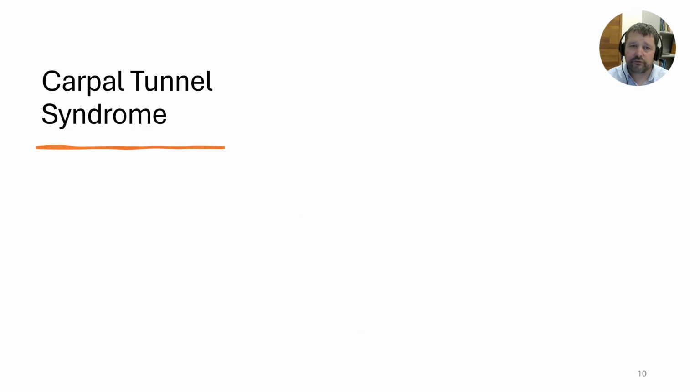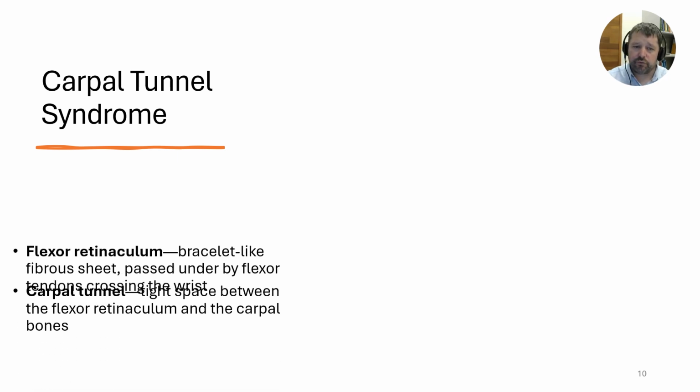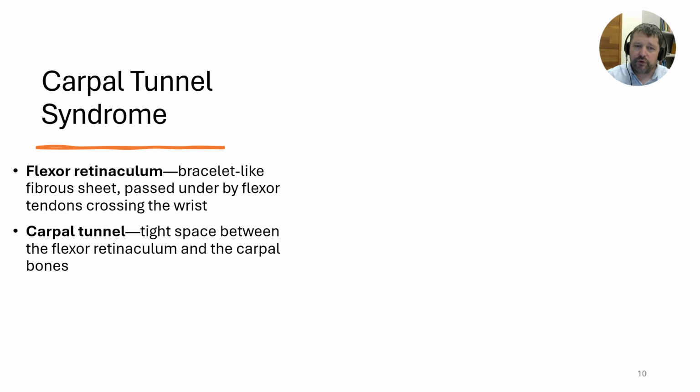Let's look at another one. So carpal tunnel syndrome often occurs in individuals that have continuous movement or repetitive movement within their hands over a long period of time. And so carpal tunnel is related to the flexor reticulum.